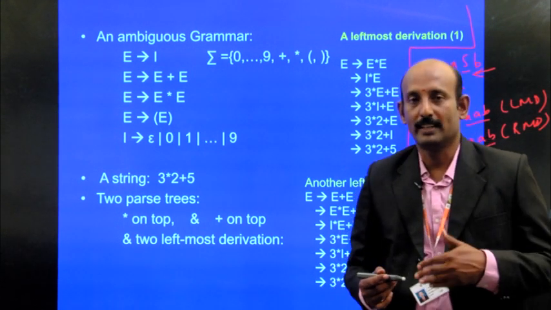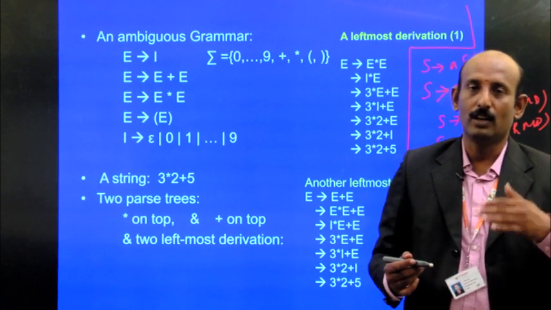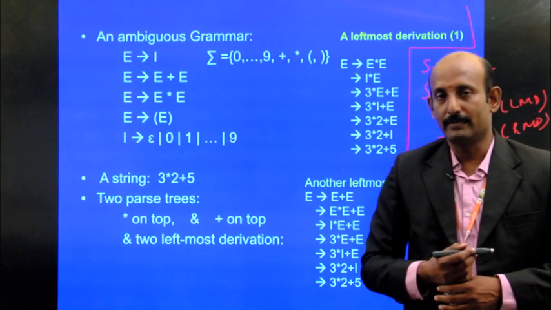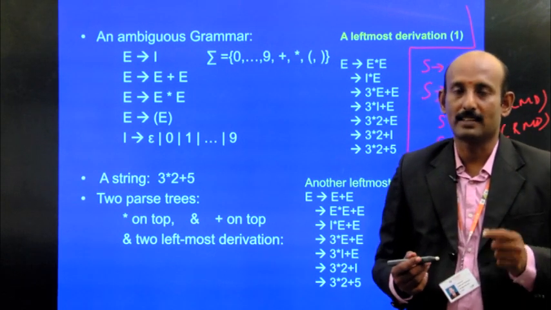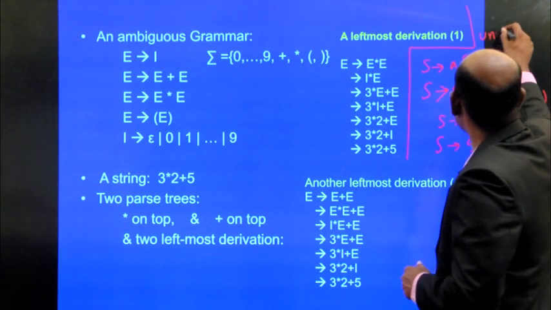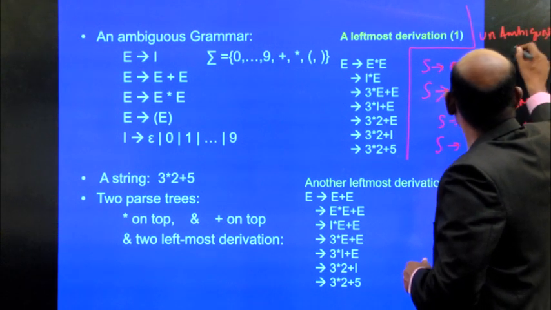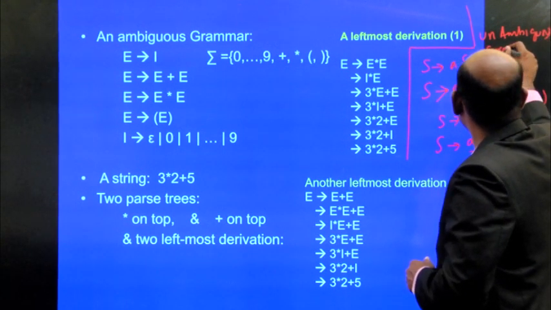Whereas if it generates only one leftmost derivation, one rightmost derivation, or one parse tree for the given input string, it is called an unambiguous grammar. So this is an example of an unambiguous grammar.